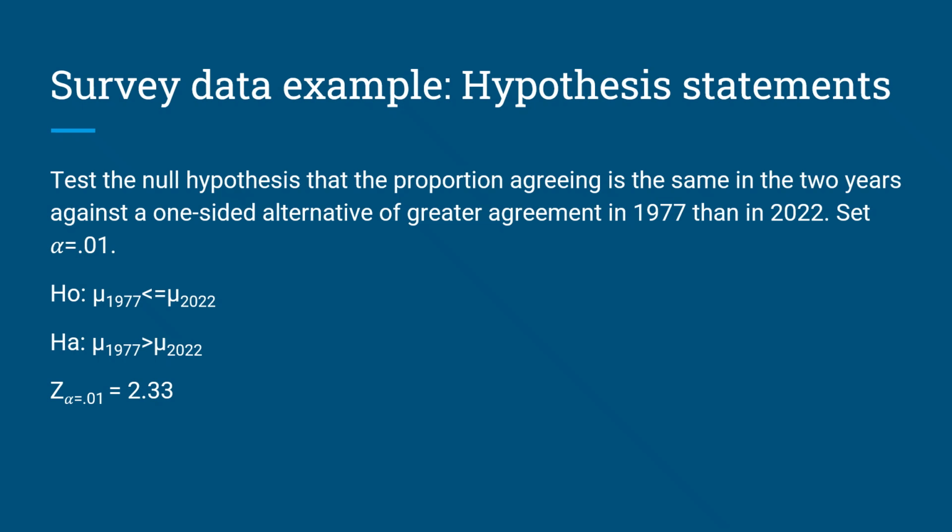I'm going to set this up as a one-sided hypothesis test, where I'm going to evaluate whether there was greater agreement with the statement about children being harmed by their mother's employment, whether there was greater support for that in 1977 than in 2022. And I'll set the alpha level at 0.01. The critical value associated with this, since it's a one-sided test, is 2.33.